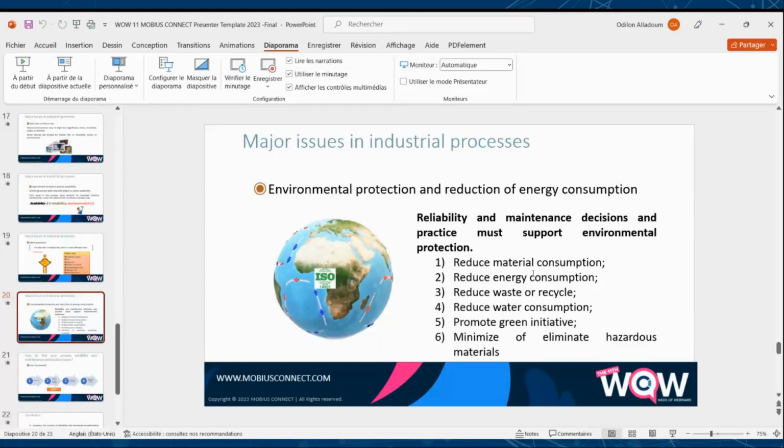So the next point about this issue is the energy consumption, because all forms of energy generation have an environmental impact on air, water, and land.